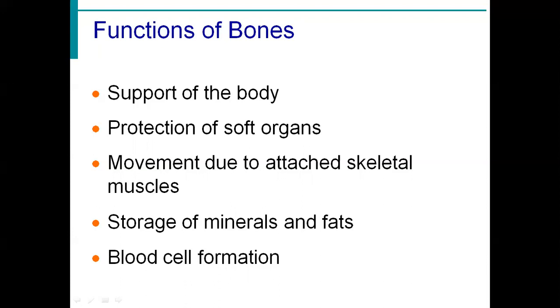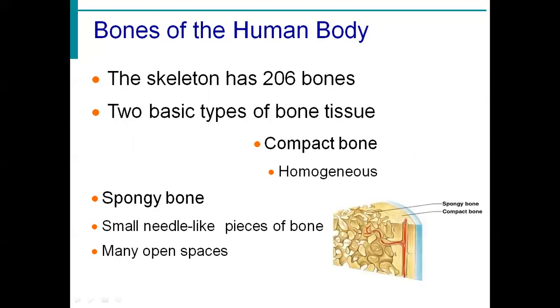RBC, WBC, platelets, these are the main components of blood cells. All blood cells are formed in different parts of the long bones and short bones also. The total number of bones in our body is 206.